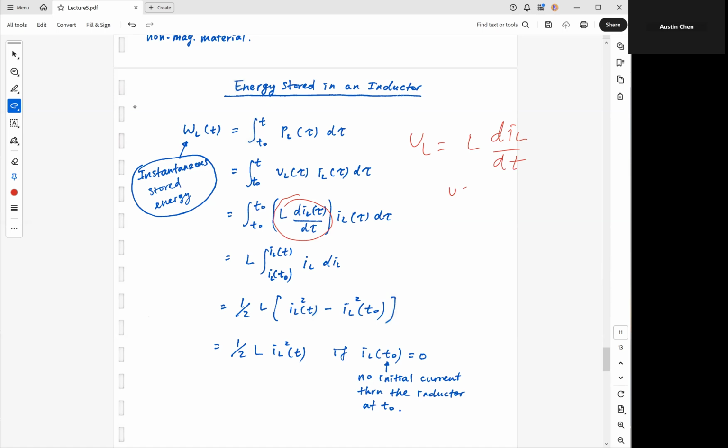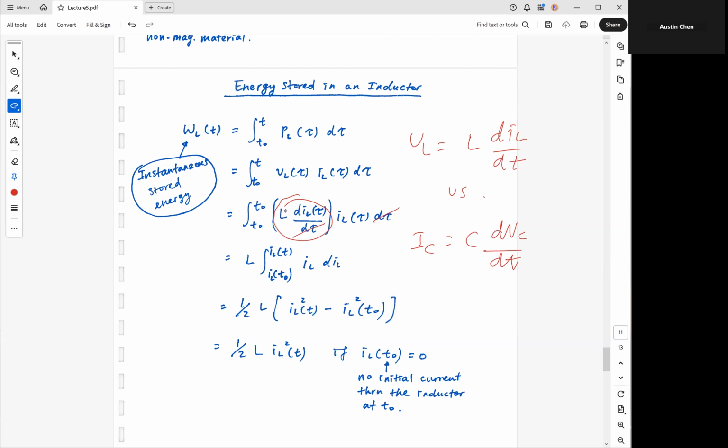This is to compare with IC is equal to C dVC over dt. One is for the capacitor and the other is for the inductor. In this case, we replace the VL by L dIL over dt over here. And just like before, d tau and d tau cancel.